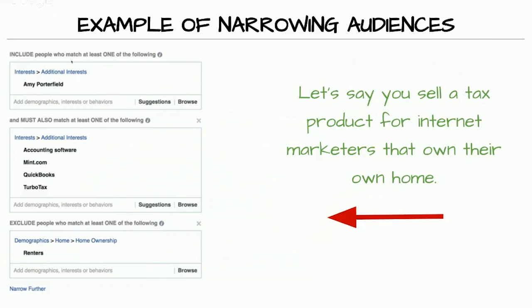So people like Amy Porterfield, but they also like Mint.com, QuickBooks, or TurboTax, or they have an interest, and this would be an interest, accounting software, and exclude people who demographically are shown as renters. Or you could even do homeowners, include as homeowners. You can experiment. But that's how you would narrow your audience to really laser target it.